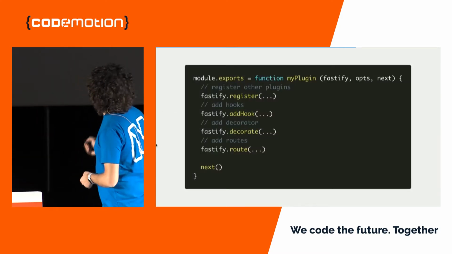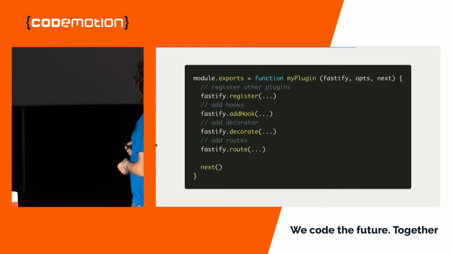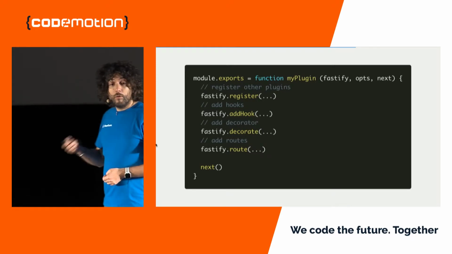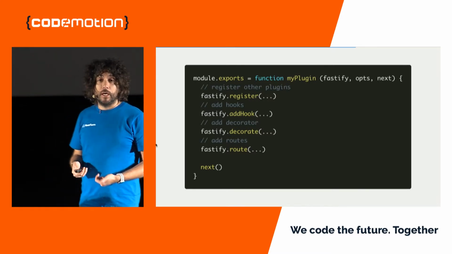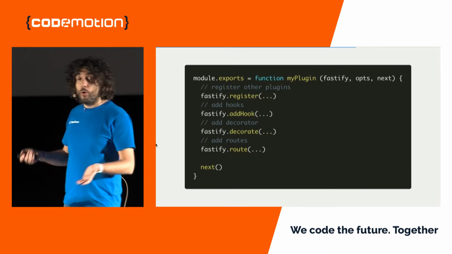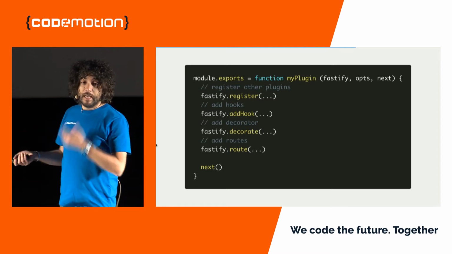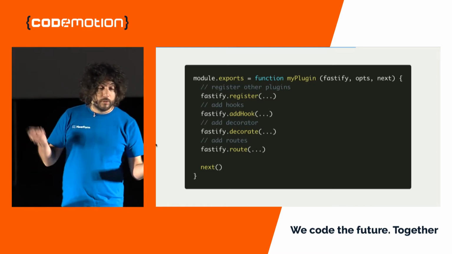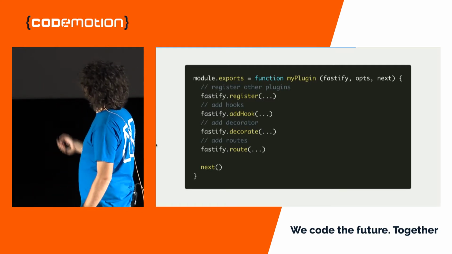In plugins, we can define the plugins. You can also use an async function over here. And you have register to register sub-plugins. You can add some hooks for lifecycle, so you can interact, for example, when a request is coming in, or add a function to execute before a handler or after a handler, or in case of errors, when the application is shutting down, whatever, a lot of things.